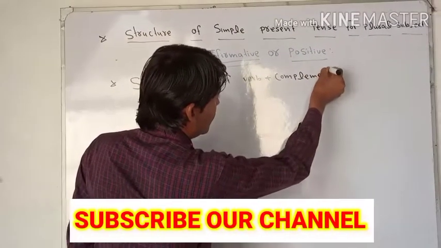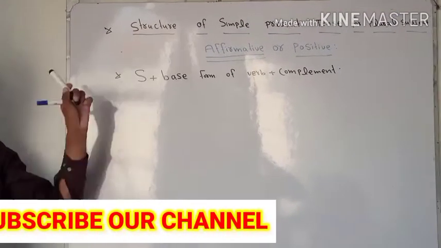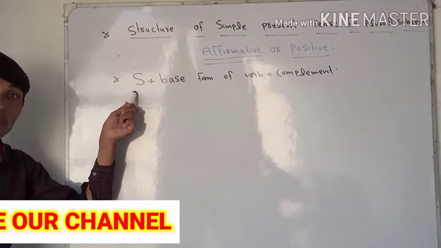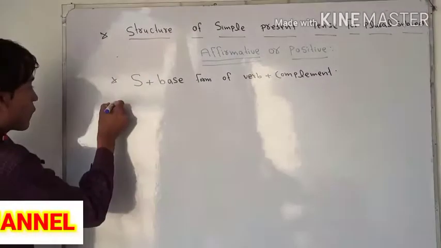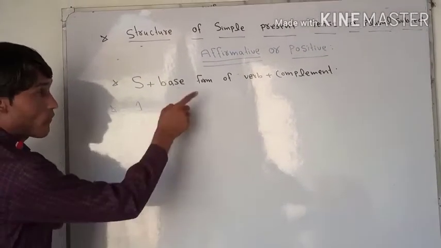Now first of all, what are the subject pronouns which follow this formula? In this case we are going to discuss the plural subject pronouns. Plural means, for example, I. So I will follow this formula.